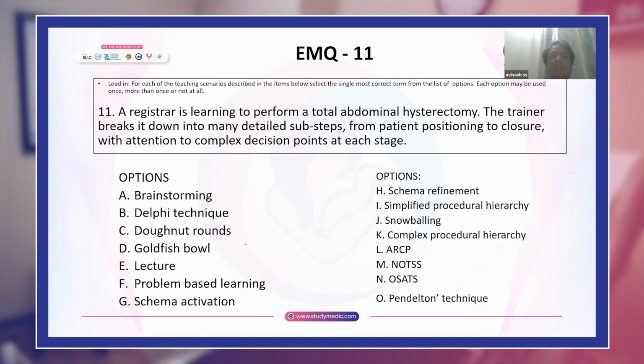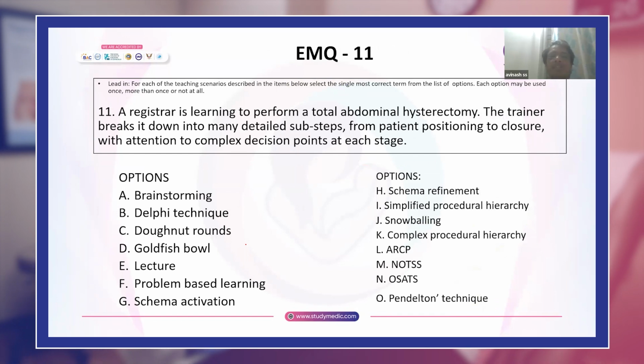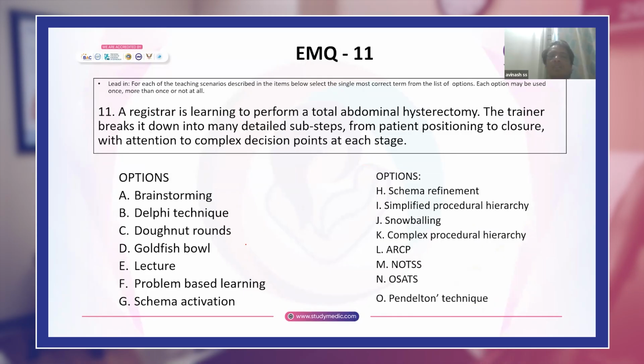Now here a registrar is learning to perform a total abdominal hysterectomy. The trainer breaks it down into multiple detailed sub-steps from patient positioning to closure, with attention to complex decision points at each stage. That means at each stage the teacher is assessing the trainee.